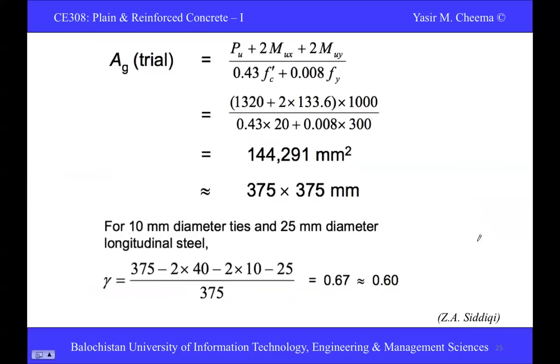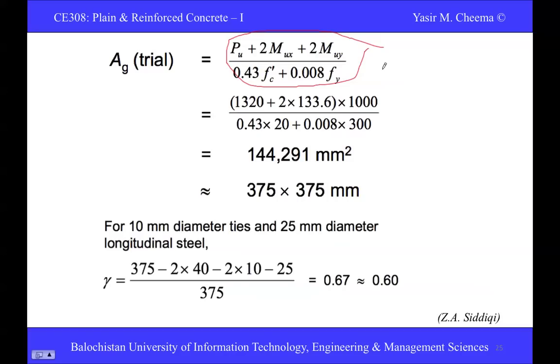For this, the first most important thing is to take the trial area of the section. Using the formula that I described before in the lecture, there are different formulas for tied columns and slender columns in SI units and in the FPS system.